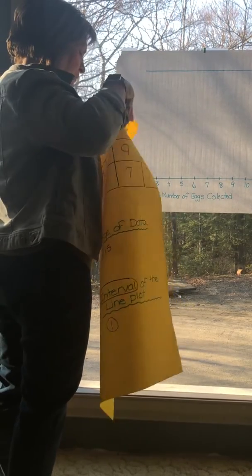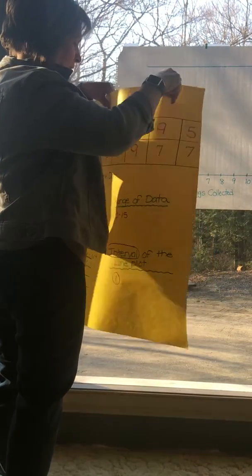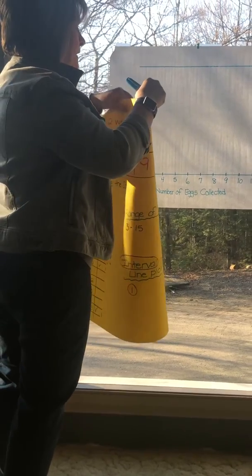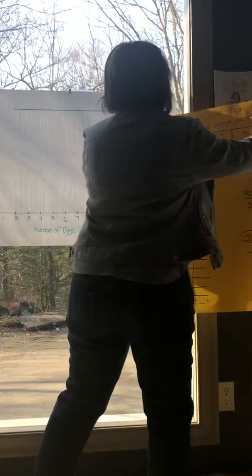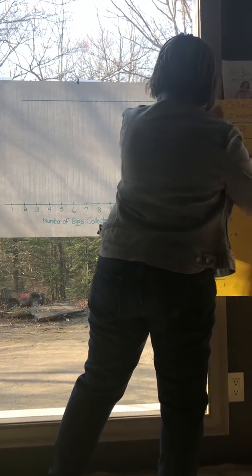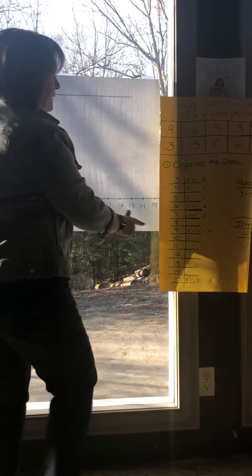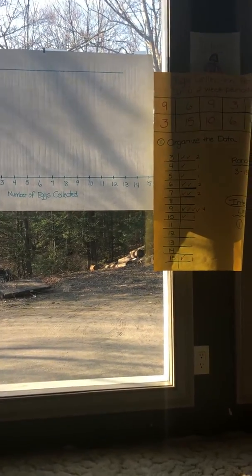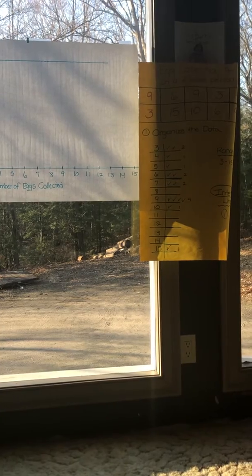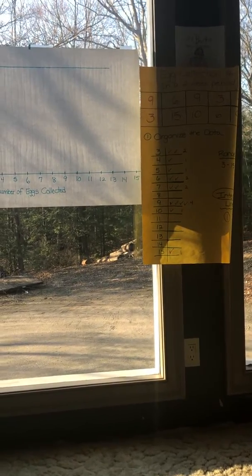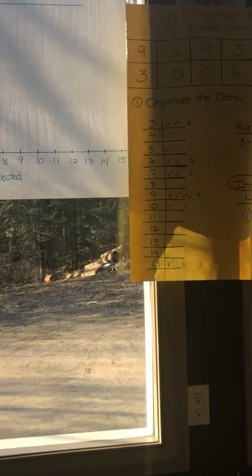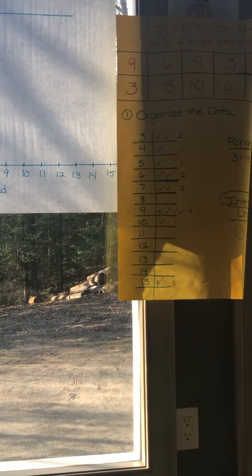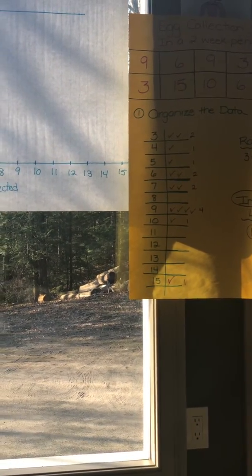We go back to our chart where we organized our data. Really, we want to look at this chart right here. We go back to that and we see that there aren't any on 1, aren't any on 2, but there's 2 days in which we collected 3 eggs.